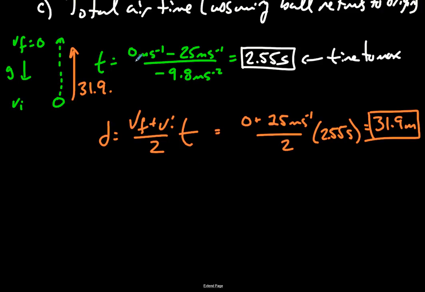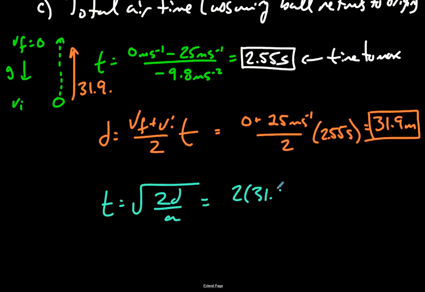Now, the last thing I want to do is figure out how much time it takes to come down. The little secret is it's going to take exactly this amount of time, but let's prove that to be true. There are different ways to prove it. I think one way is to just use our formula that we derived in the first problem, which is t is the root of 2d over a.